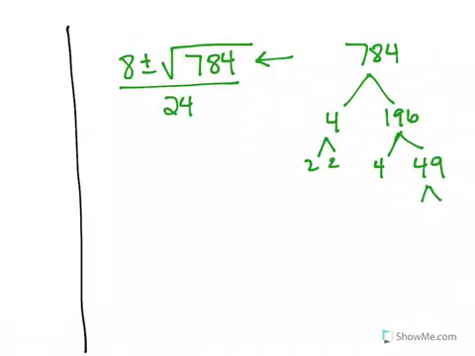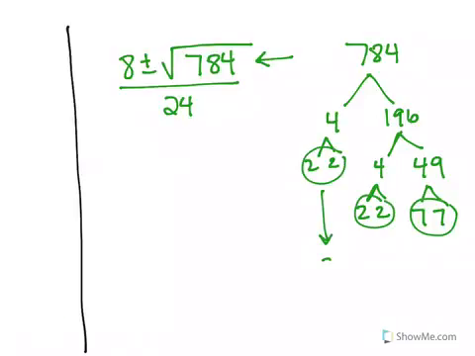And 49 goes down to 7 and 7. 4 goes down to 2 and 2. Alright, so this is a nice number to factor because we have 3 pairs. So what we're going to pull out is 2 times 2 times 7.